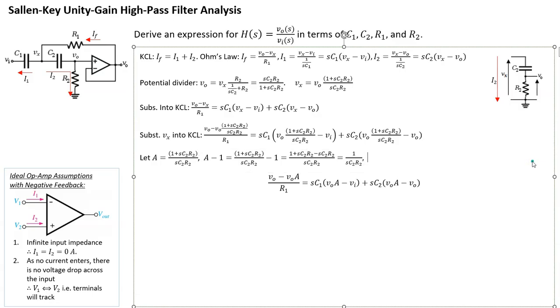Conversely, for 1 minus A, it's just the negative of A minus 1. So the answer is negative 1 over SC2R2. Let me get rid of the bracket here.